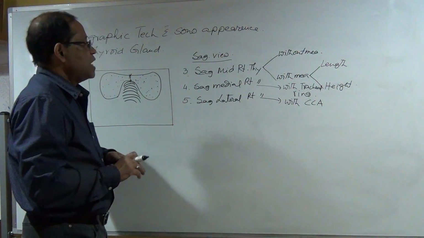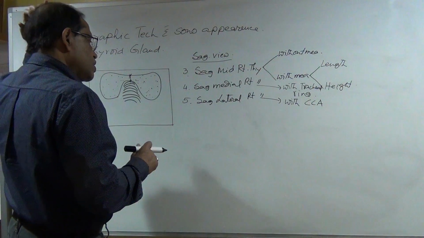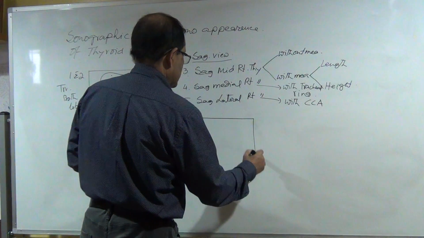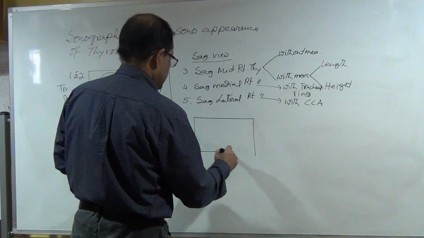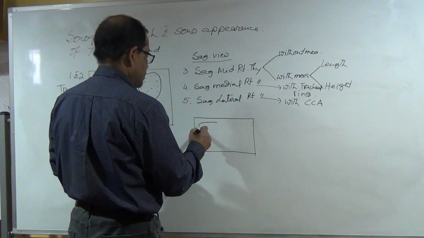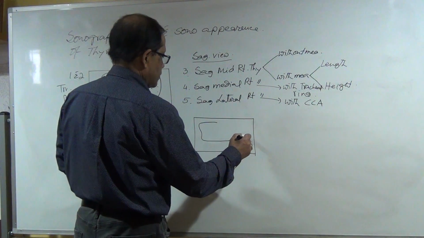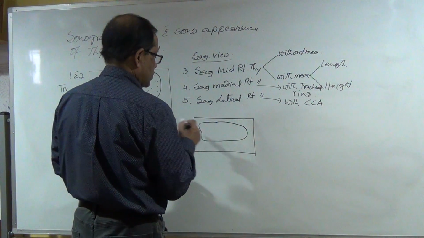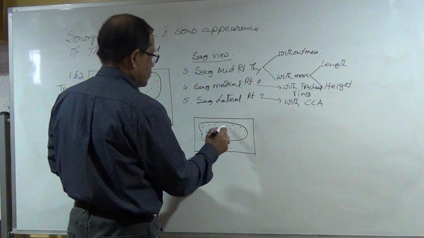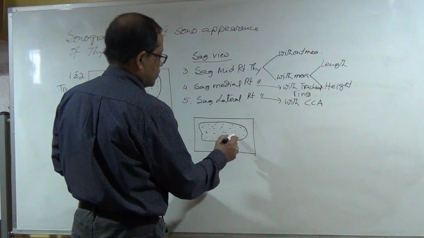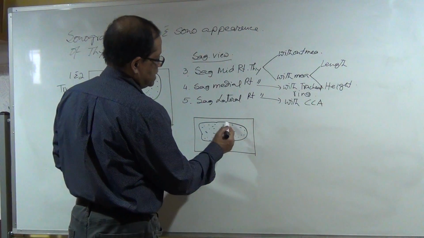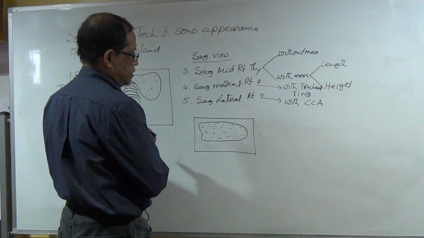Okay? So now I am going to draw the diagram for the sagittal, mid sagittal. If this is your image, so if this is the thyroid gland, make sure thyroid has a nice capsule around it.